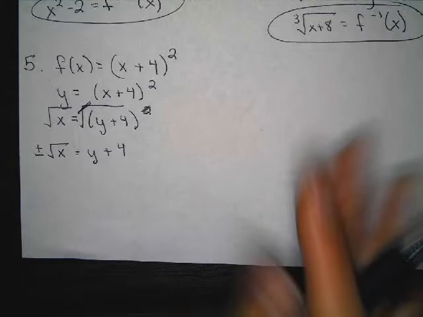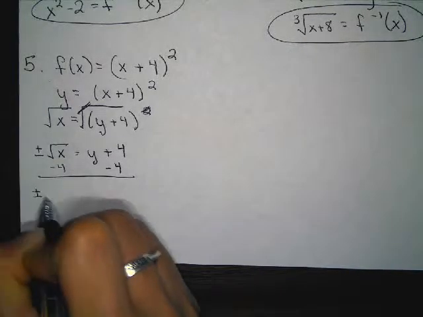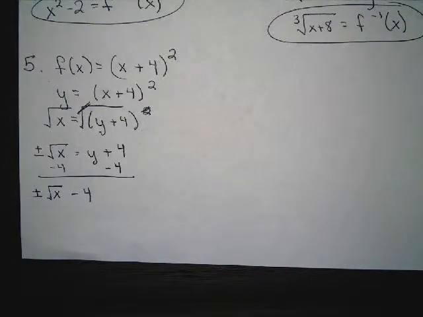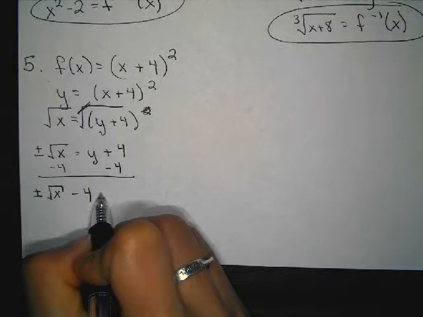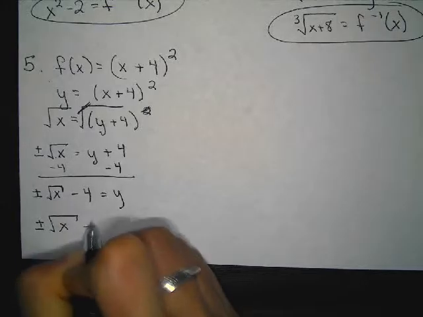Now we have to get y by itself, so I'm going to subtract 4 from both sides. So I have plus or minus the square root of x, minus 4. Notice how that minus 4 is not inside that radical. The only thing inside that square root is the x there. Minus 4 is on the outside. That equals y. Again, we'll change that to f inverse of x.